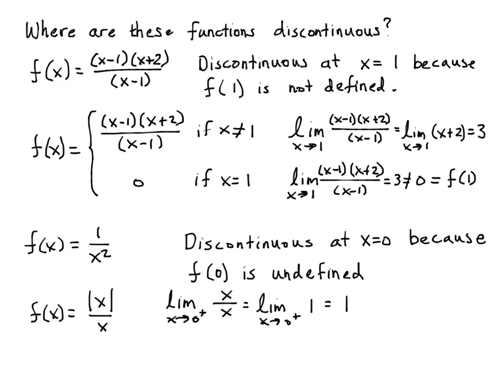How about this? f of x equals the absolute value of x over x. Here, if we look at the right and the left-hand limits, we say, okay, as x goes to 0 from the positive side, that's going to be 1, right? Because if we're always positive, the absolute value sign does nothing. But if we're negative, then this function is going to change the sign of the numerator, and so it's always going to equal -1. And so drawing a picture of this one, I'll do it on the same graph here.